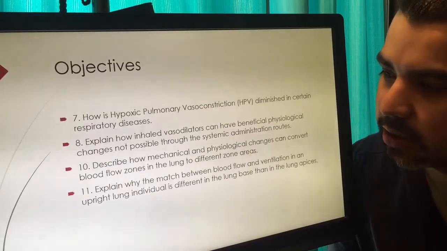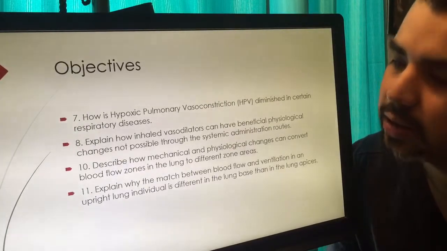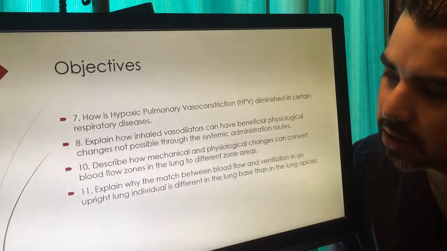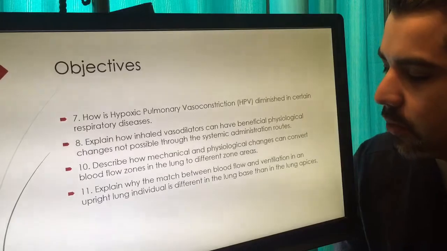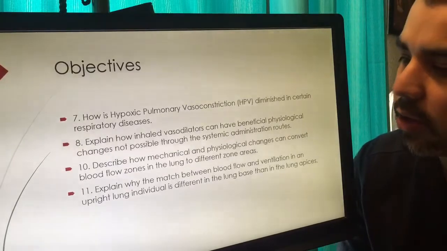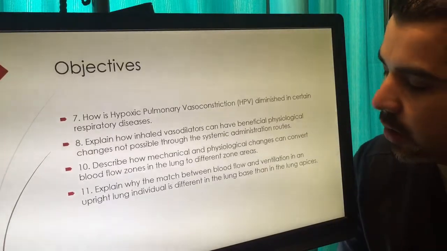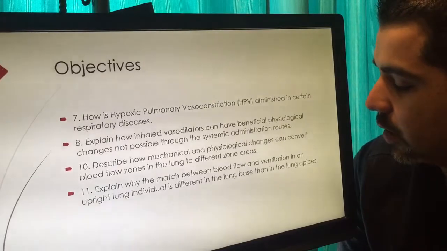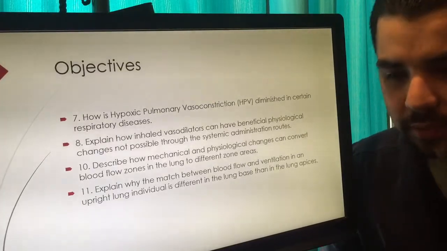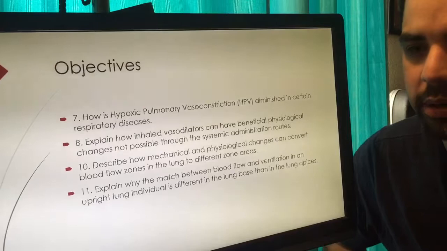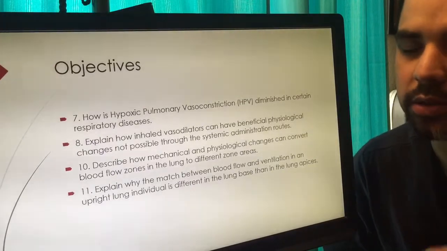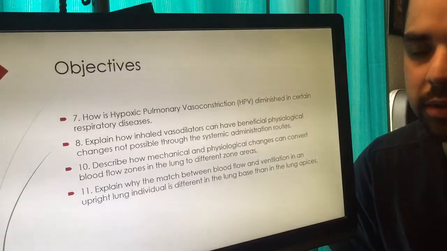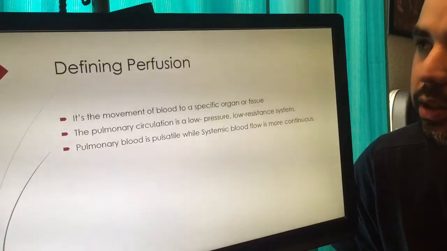We're going to be discussing that too, and this one corresponds to the next and final objective, which is to explain why the match between blood flow and ventilation in an upright individual's lung is different in the lung bases than in the lung apices. So we're going to be talking about how pulmonary blood flow determines certain lung zones and how they change. So without further ado, let's begin.